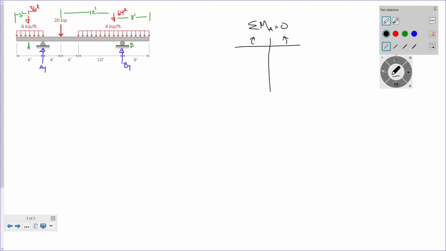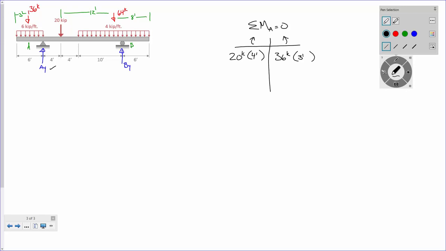All right, so we're summing moments at A, right? So let's just start to handle it one at a time. We don't have to deal with AY, right? This 36 kips, is it going to go on the left or the right? To the right. And what's the moment arm? 3 feet. The 20 kips, we've got to handle that too. What's that distance going to be? 4 feet.